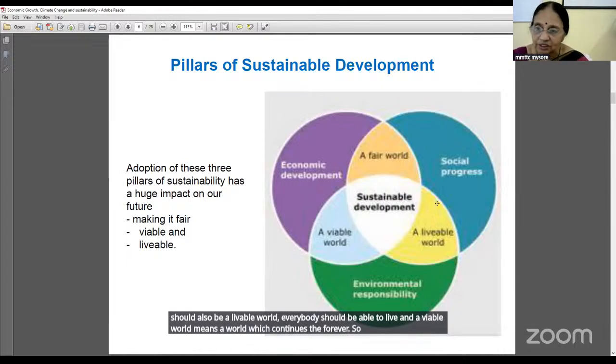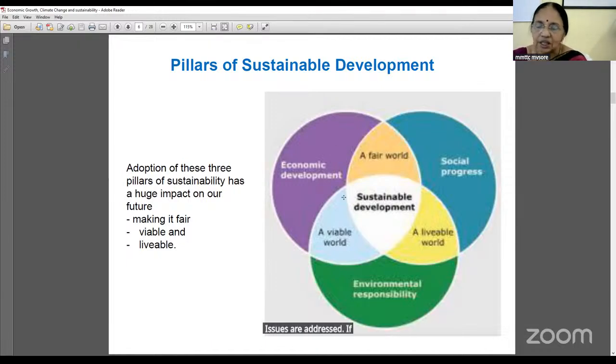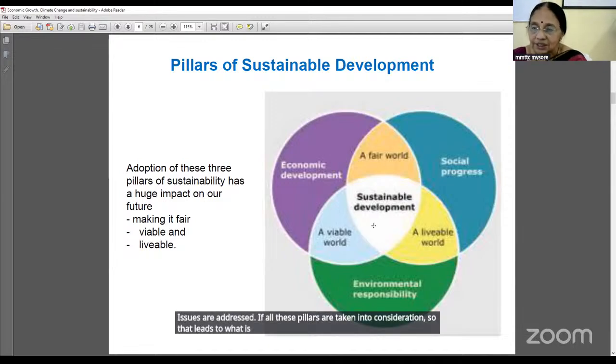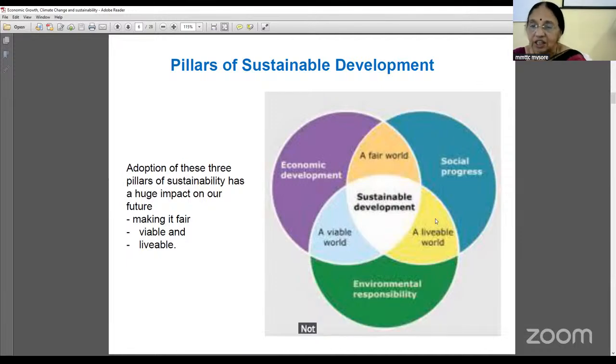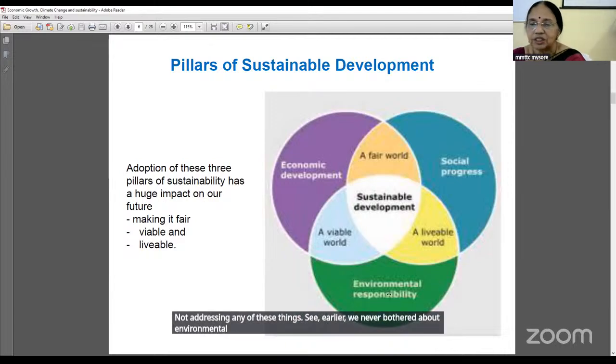So that is why, if all these issues are addressed, if all these pillars are taken into consideration, that leads to what is called sustainable development. So not addressing any of these things. See, earlier we never bothered about environmental responsibility. We only bothered about economic development.